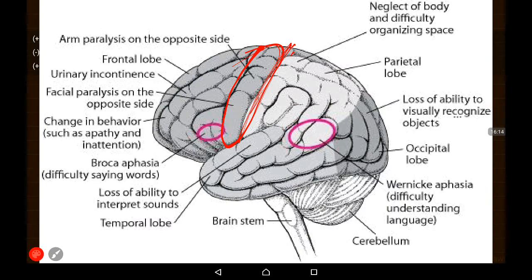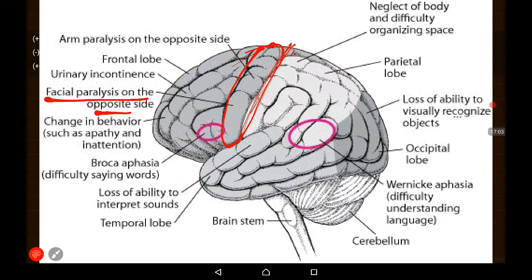So if the lesion will be found in the upper part of this precentral gyrus, then the disturbance of motor control will be found in the arms or in the legs, and if at the bottom, then facial paralysis will be found on the opposite side, because the corticospinal tract that begins from the precentral gyrus crosses the nervous system predominantly on the opposite side of the body.